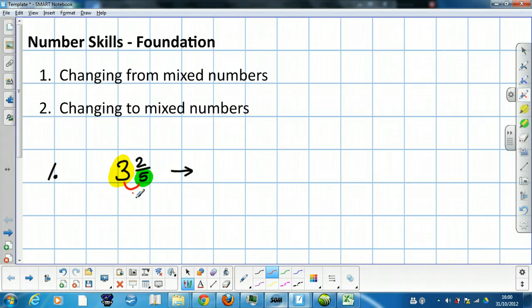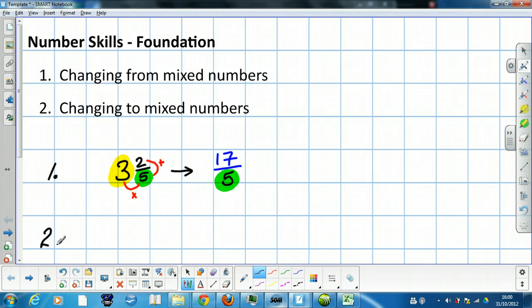I then add the last figure, that's the numerator here in the fractional part. 3 times 5, 15, add 2 is 17. So my answer is 17 all over the number that goes at the bottom. The denominator is the same as it was in the mixed number. So 3 and 2/5 is 17 over 5.